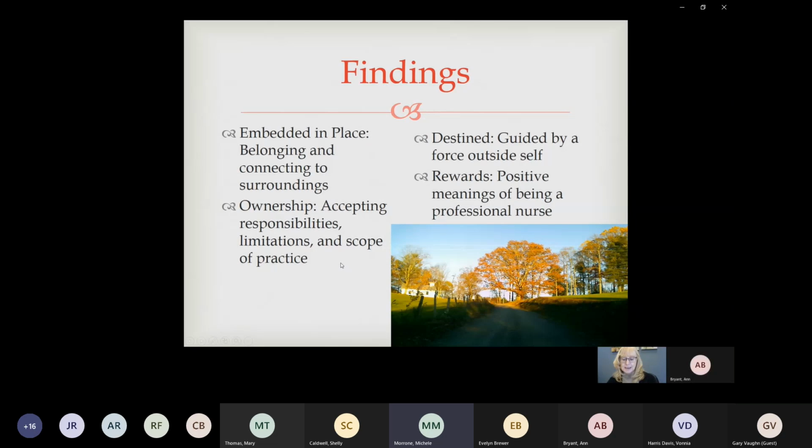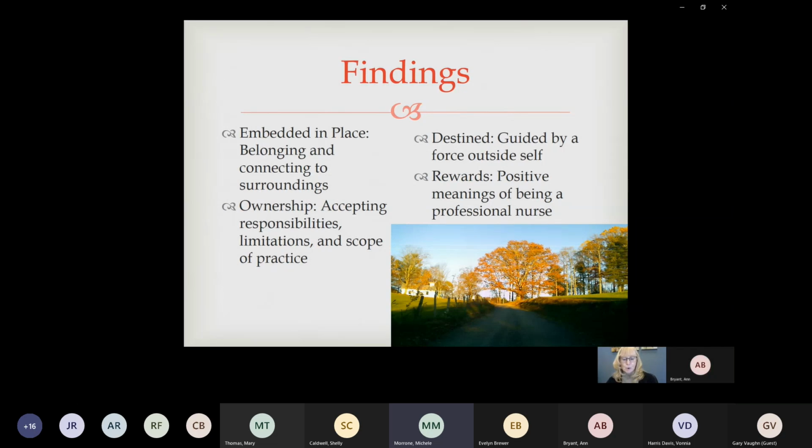Embedded in place was a state of being in which one belongs and is connected to the surroundings physically, socially, emotionally, and mentally. And they recognized the implications of that relationship and the role that one holds within that network. There was a theme of ownership, the way participants accepted responsibilities of being a nurse, including limitations and scope of practice.